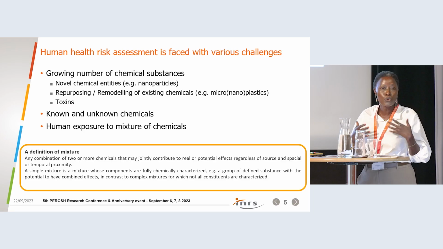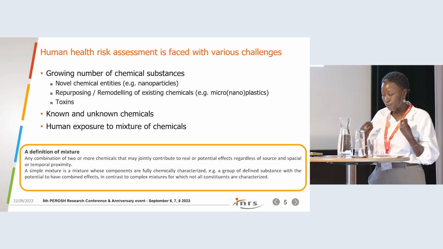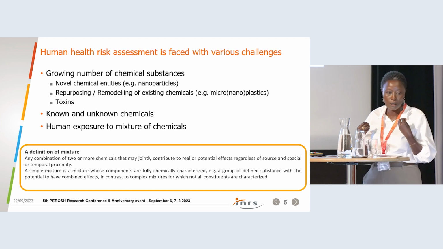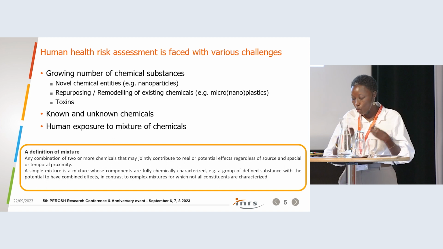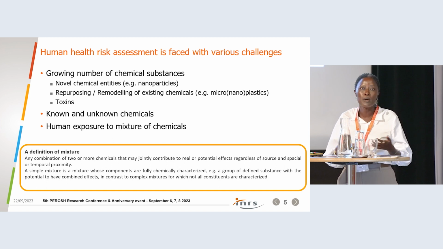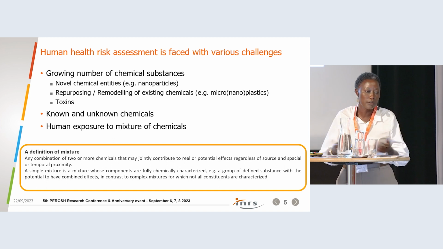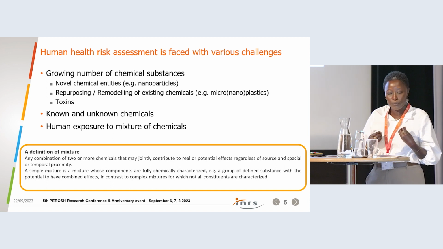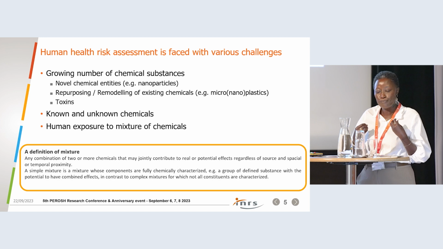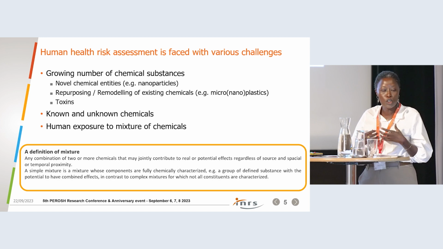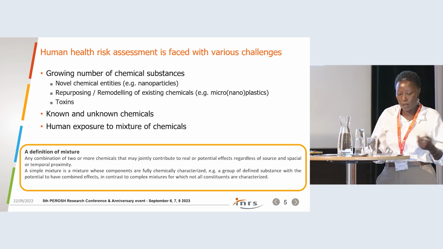A simple mixture is defined as a mixture whose components are fully chemically characterized, that means a group of chemicals, for example a pesticide formulation, while in contrast, a complex mixture is a mixture for which not all constituents are characterized.